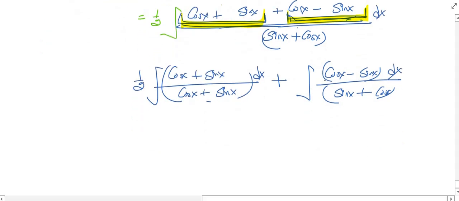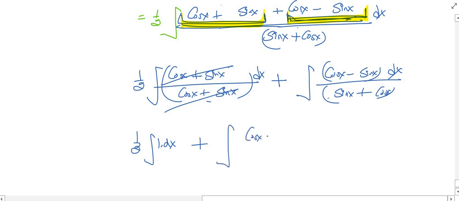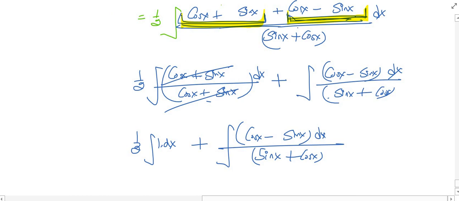Correct? Now this is same, so this will cancel. So it is 1 by 2 integration of 1 plus, what to do with this? This we have to think. It's not a very tough problem. You have to just think.